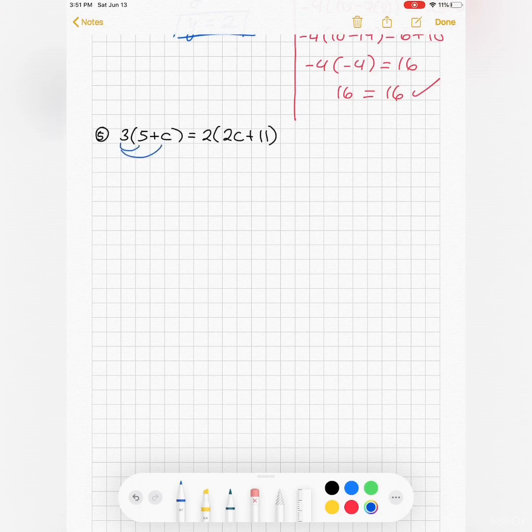Let's distribute. 15 plus 3c is 4c plus 22. Let me move the c's together.